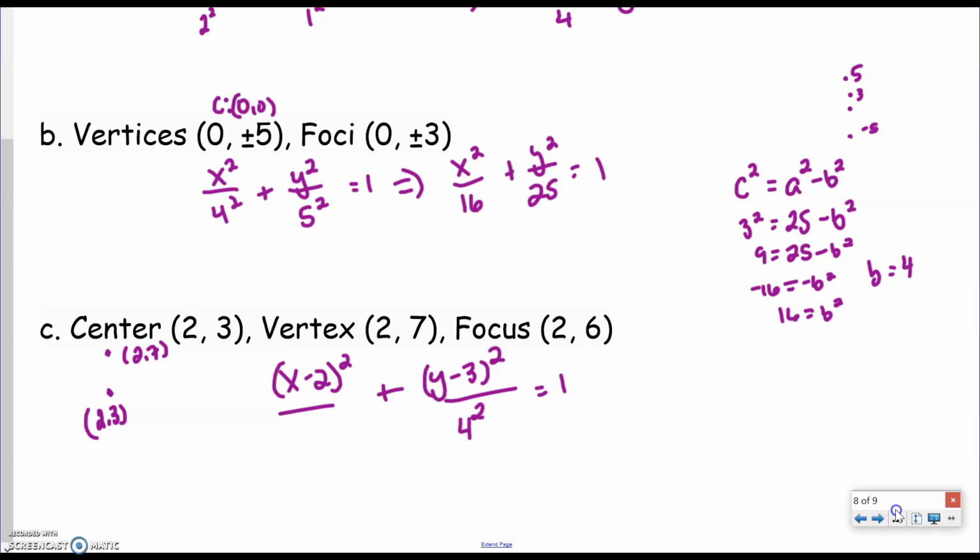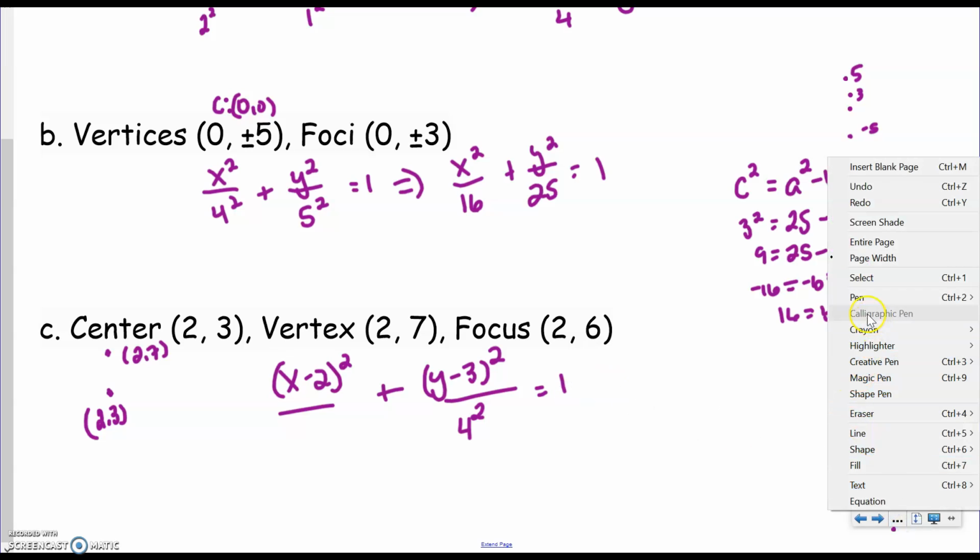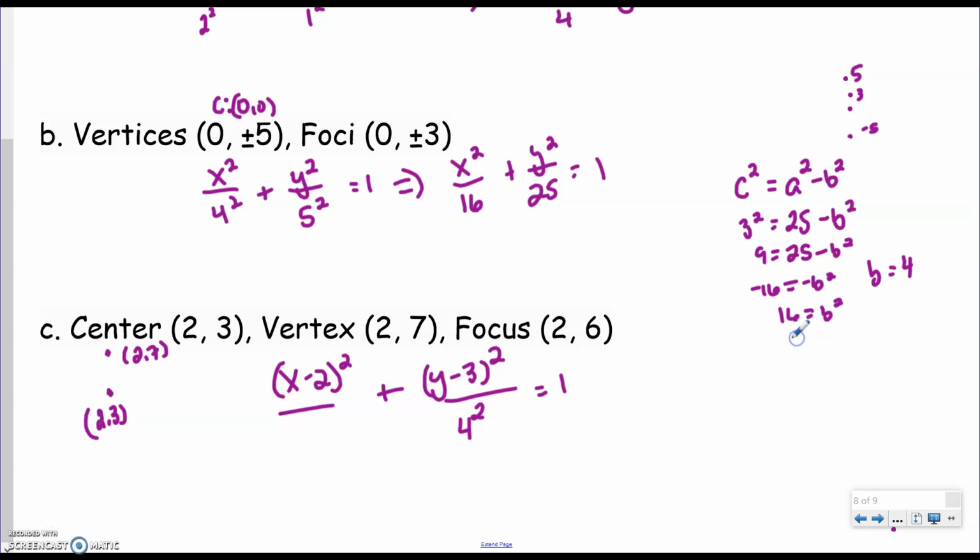And then I also need to figure out my c, so I can use that to find my b. So if I put this here, 2, 6, my c is 3. So c squared is 9, a squared is 16. We're trying to find b squared. So if I subtract, I get -7 equals -b squared. And so divide by -1. b is going to be the square root of 7.